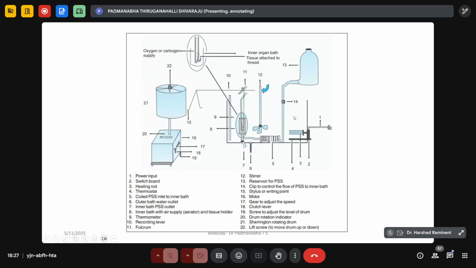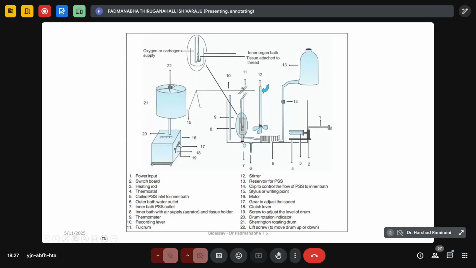So this is what it commonly looks like. This is the organ bath, and this is the Sherrington's rotating drum and kymograph, and this is the physiological salt solution which you will be preparing and loading here. From this, the physiological salts will be moving in. So this is a simple diagram which shows how the setup of the organ bath, kymograph and Sherrington's drum are made.